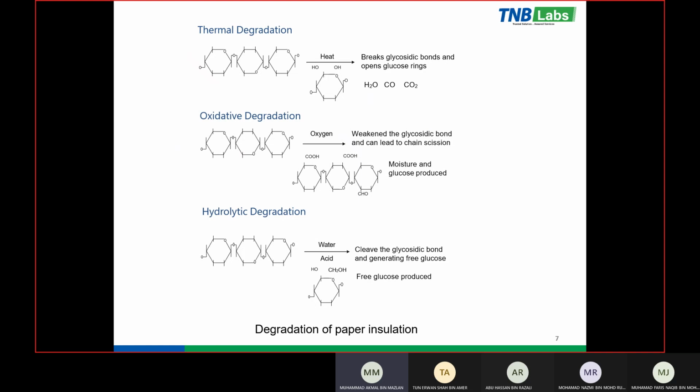For thermal degradation, it uses heat to break the glycosidic bond and open the glucose ring, which produces H2O, CO, and CO2. For oxidative degradation, it uses oxygen, which produces moisture, and glucose is also produced. For hydrolytic degradation, it produces free glucose. So that is what I learned on the previous talk.